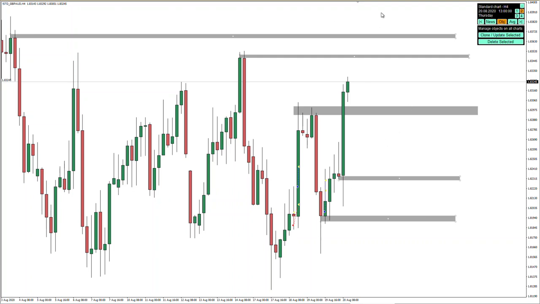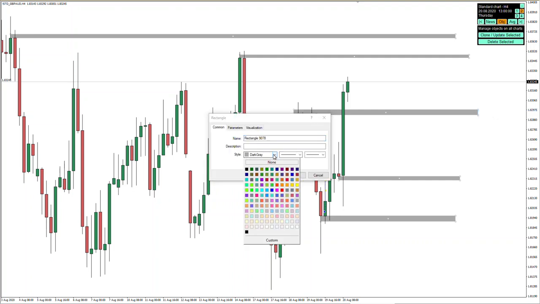I don't think I need to add another one. Okay, this one is broken. I want to keep it in place. Can I change the color so I know what this is about?